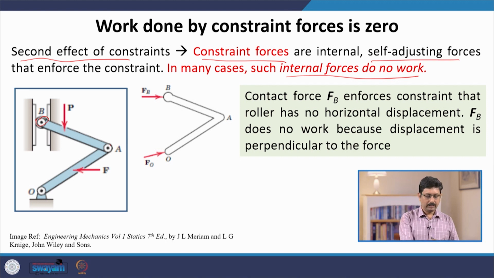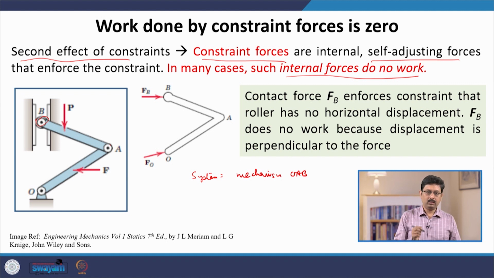Now, the constraint force, the contact. So, what are the external forces? If you take this mechanism OAB as your system, then there is an interaction. So, there is a contact force, a contact interaction at point B between the wall of the channel and the rod.